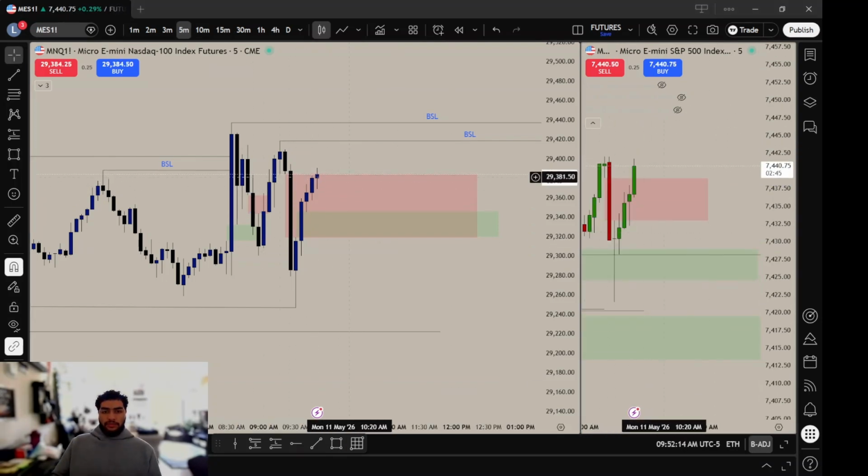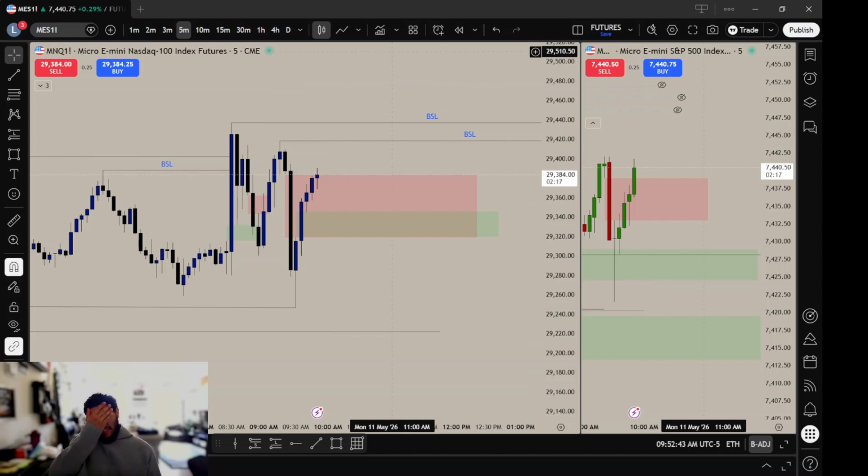All right, so I'm really still waiting for this to come down and respect this bearish fair value gap before I get this trade. Yes, we're at all-time highs, and yes, it's most likely about to go higher after disrespecting this bearish fair value gap if it closes above this, which it still has 2 minutes left. But I would really like to see it come down and then shoot higher.